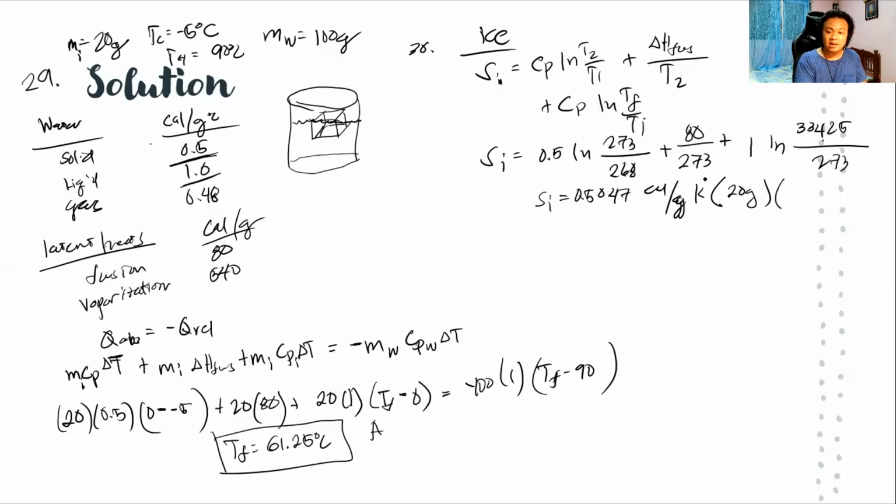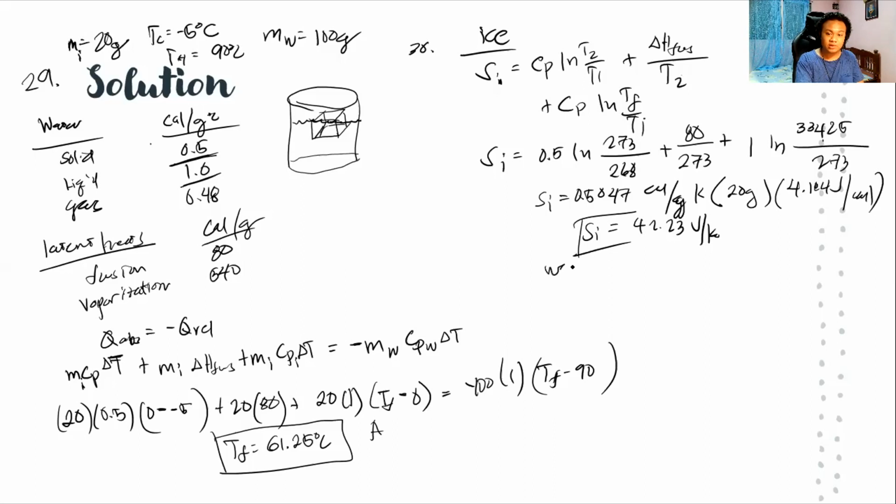And then transform calories to joules because we are asked in joules, di ba? So just multiply that by 4.184 joules, that's the conversion actually, and then you will get 42.23 joules per Kelvin. Okay, so that's for the ice.